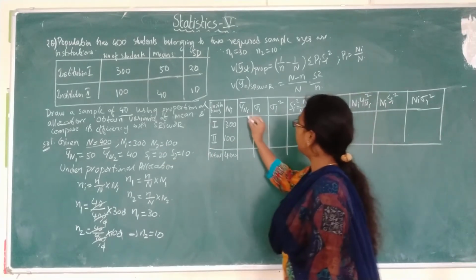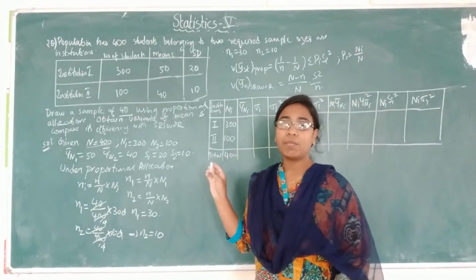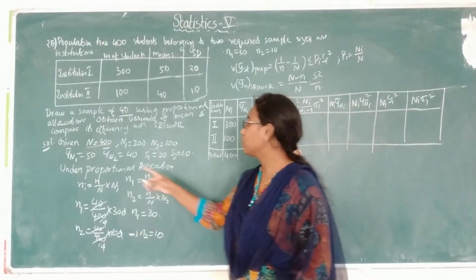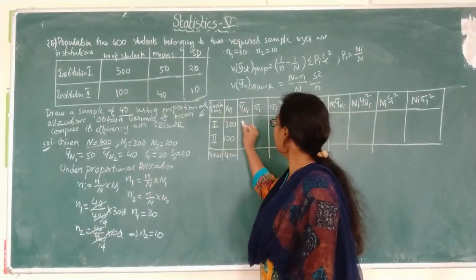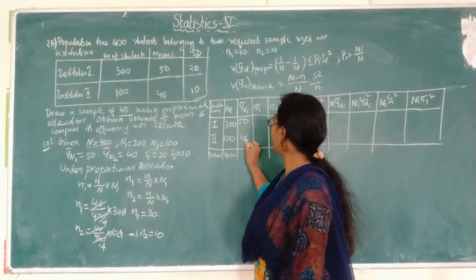Next write down the Yni bar, the means of the strata: Y1 bar is 50, Y2 bar is 40.